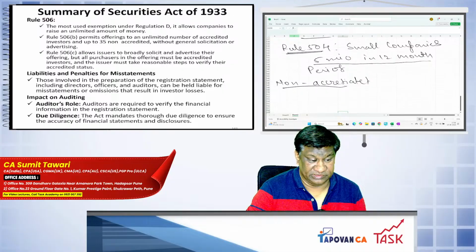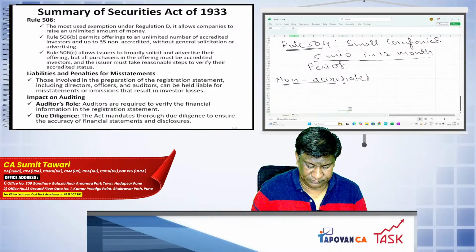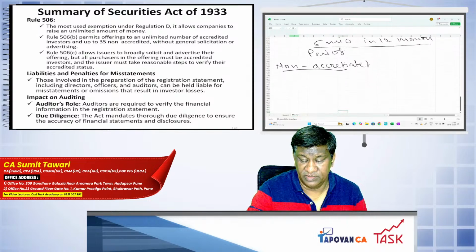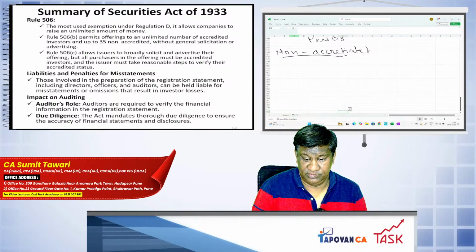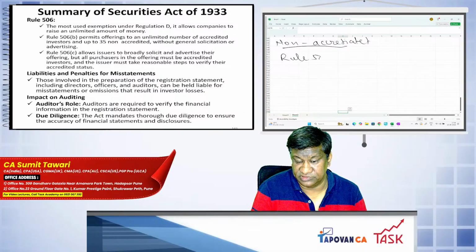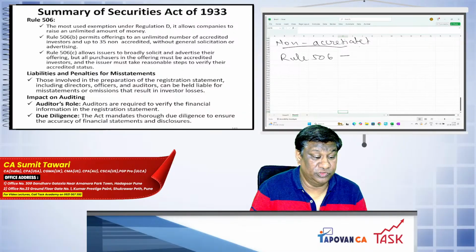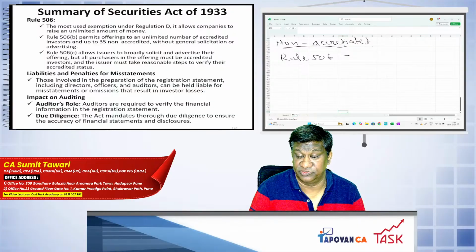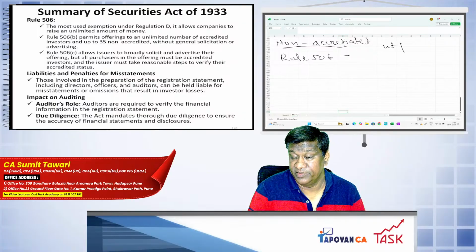Then Rule 506. Non-accredited investor, this word you need to keep in mind. Rule 506. Okay. So it is the most used exemption under Regulation D, and it allows companies to raise an unlimited amount of money. Okay. So it is not for a small company only. You can raise unlimited amounts.